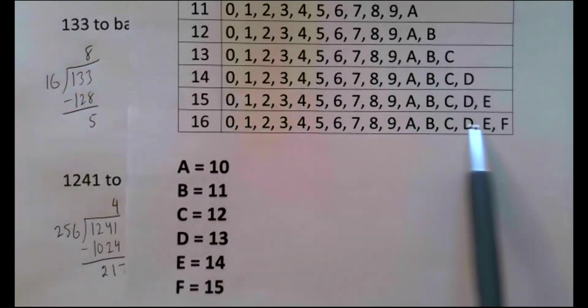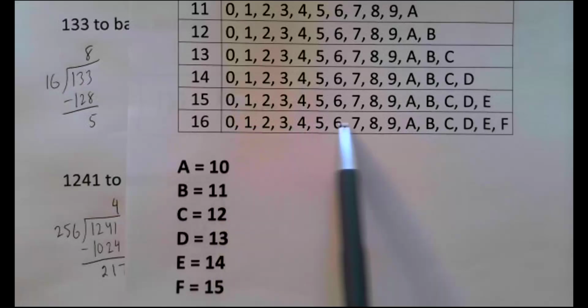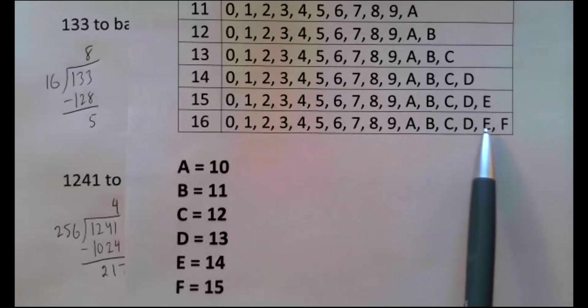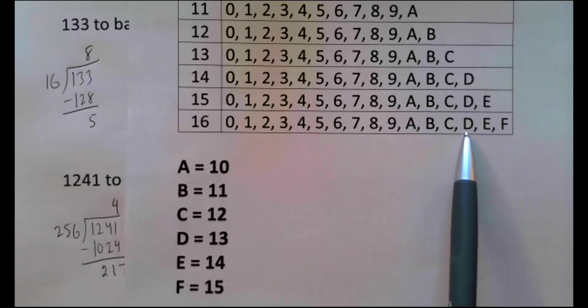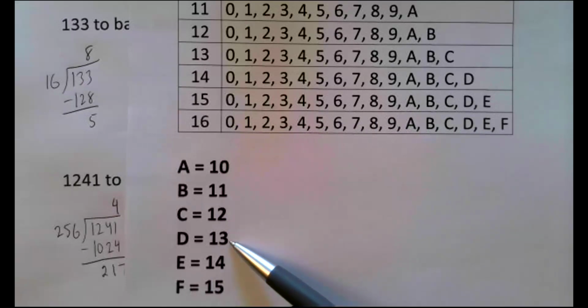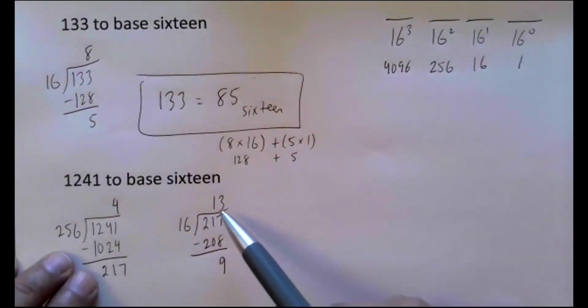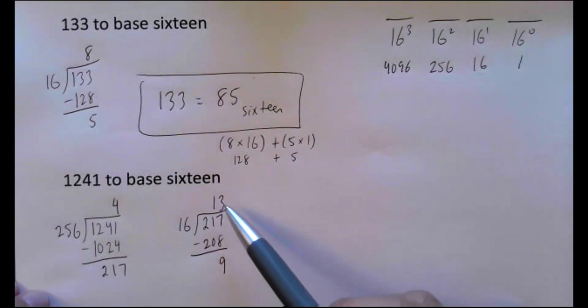These are all single digit numbers, 0 through 9, and then this represents 10, 11, 12, 13, 14, 15. So 13 is a single digit number. We just don't write it as 13, we write it as D. So when I go to put 13 right there, I'm actually going to put the letter D right there.